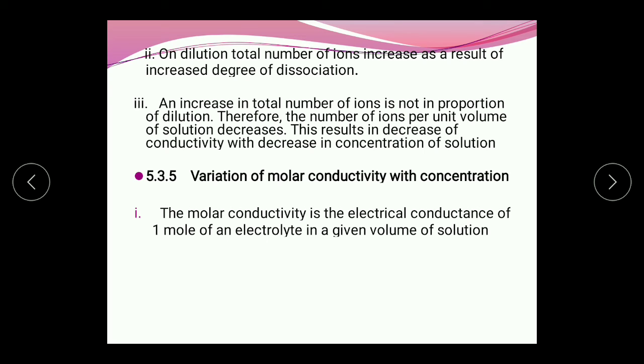Hence, the number of ions per unit volume, per cubic centimeter, of solution decreases. The number of ions increases because volume increases, but the number of ions per unit volume decreases, and hence there is a decrease in conductivity with decrease in concentration of solution.